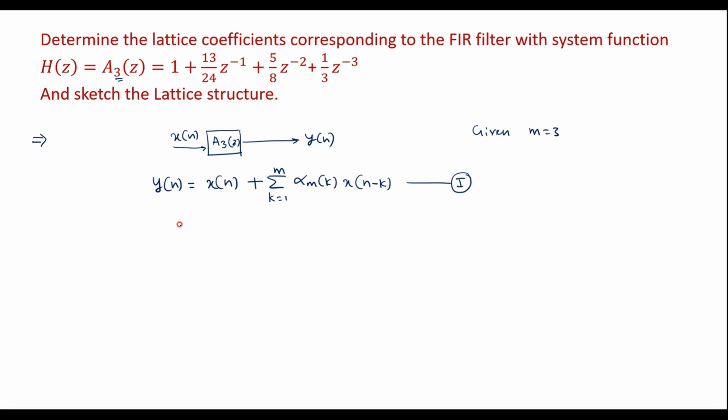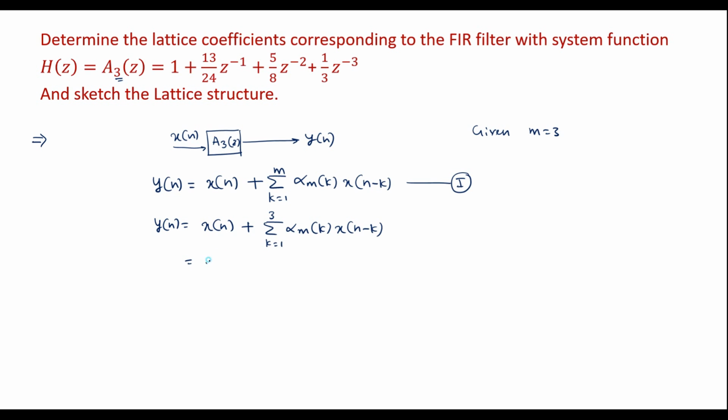Therefore, now equation 1 can be expanded as y(n) is equal to x(n) plus summation k equal to 1 to 3, alpha m of k, x(n minus k).